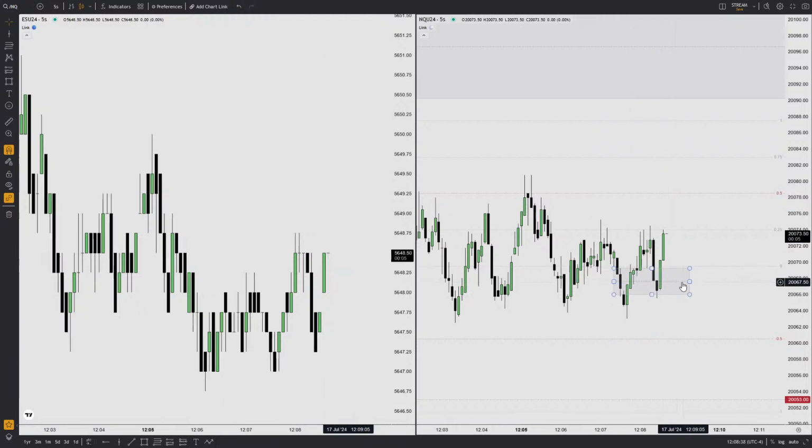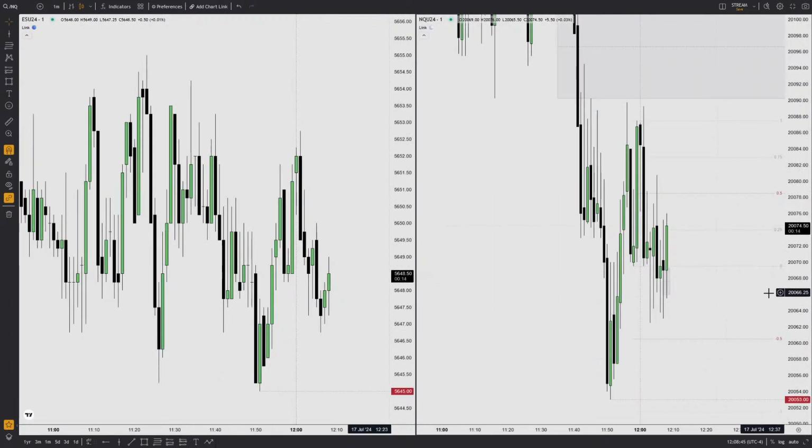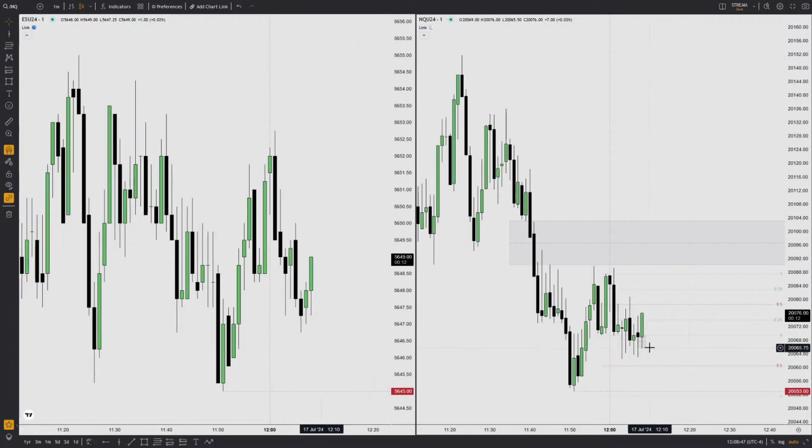So we're just trading sideways for now. Alright, so back to the 1 minute. Boring. I thought we would get some interesting price actions on the lower time frames, but it's the same.